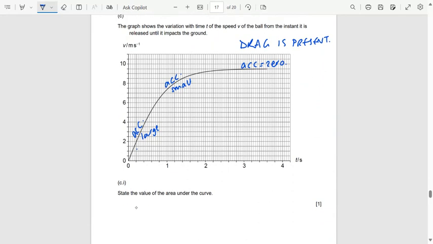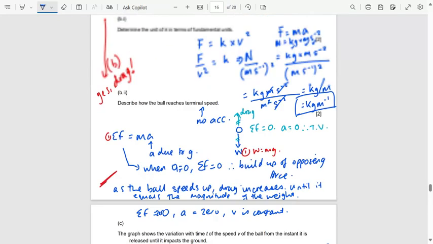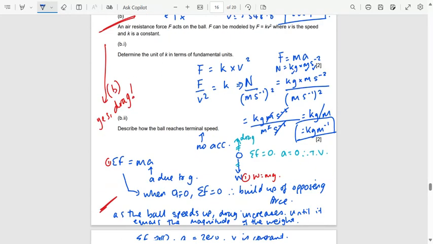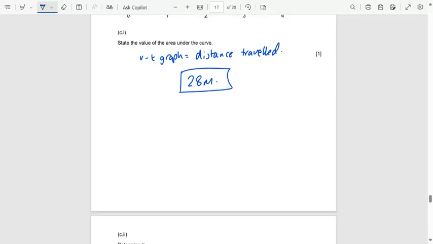So the area under the curve of a speed time graph is distance travelled, displacement. The distance travelled for the ball from the instant it is released to the ground is 28 meters. So we know the value of the area under the curve is 28 meters. Because it's state, you didn't need to do anything more than that.